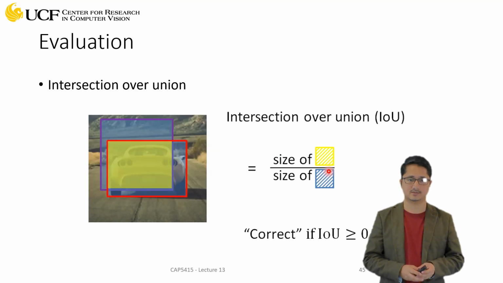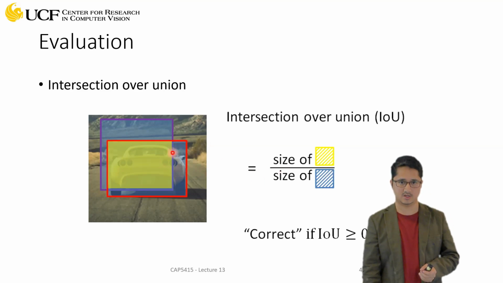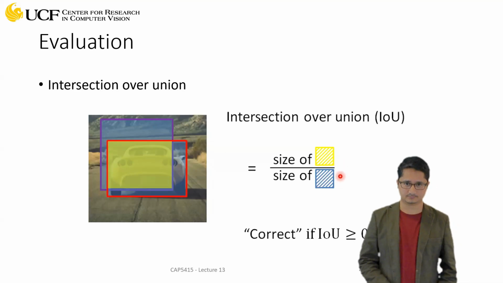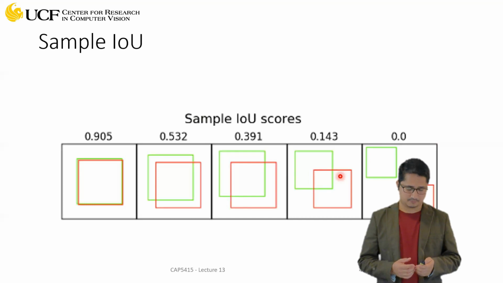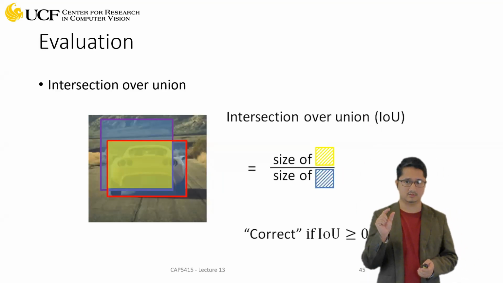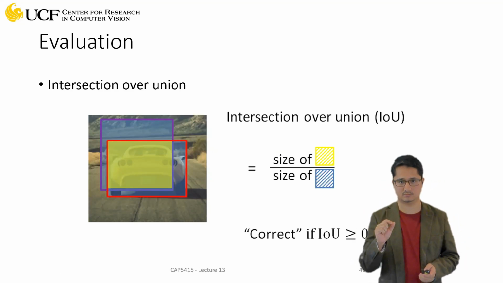Before that, let's do a quick recap of intersection over union. We saw that earlier. You will have two different bounding boxes. The yellow one is the intersection, which goes in the numerator, and the blue one is the union, which is all the area these two bounding boxes are covering. We just compute a ratio of these two. Now, the threshold which we talked about earlier was for the NMS algorithm.